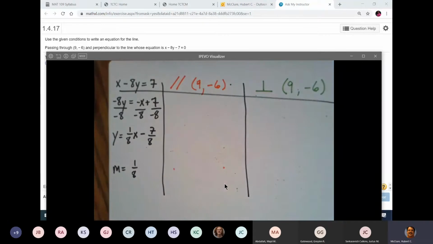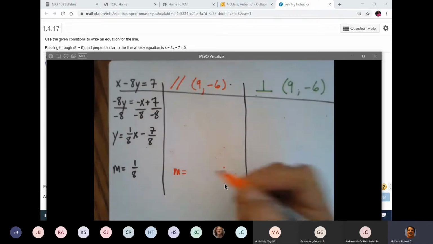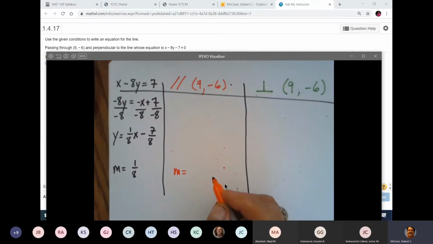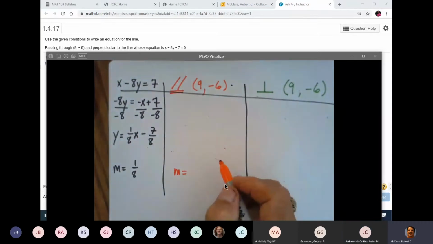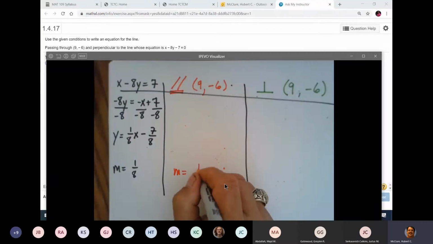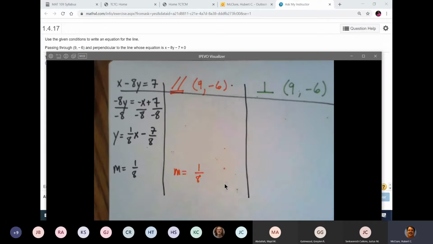So what is our orange M equal to? Parallel, the M's have to be 1/8. It's the same thing. They have to be equal. Now, for the green M, what would it be? It's -8. Good job.